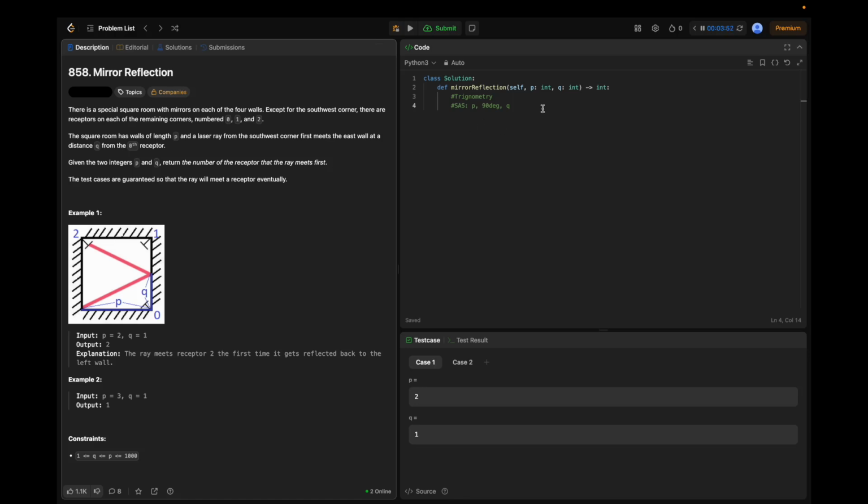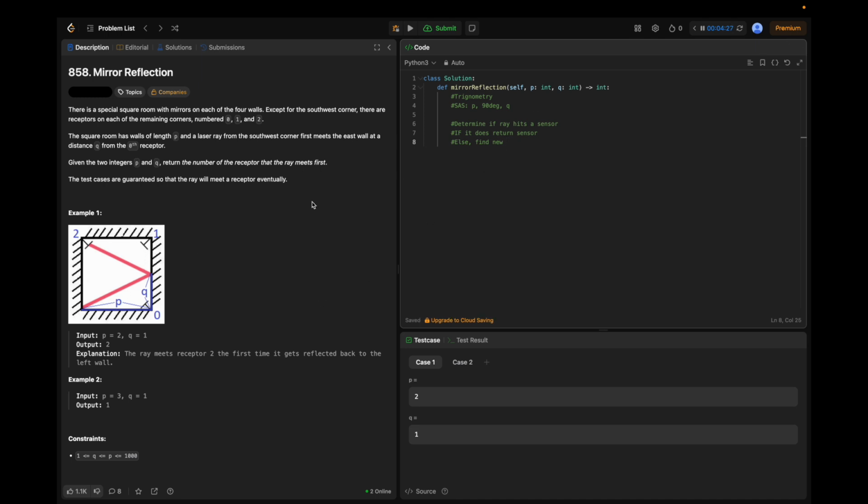Okay, so what I'm thinking is, ignore the trigonometry for a second. We'll determine if the ray hits a sensor. If it does, return the sensor. Else, find new.